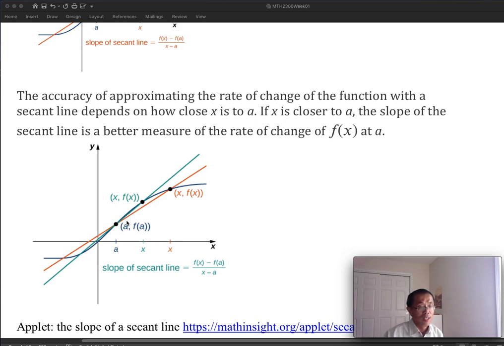We can improve and we get precisely the slope by choosing the point really close to that given one. We get the slope of the tangent, and the slope of the tangent, no doubt, is the derivative. And the process, you move the other point very close to that given one, is a limit process.